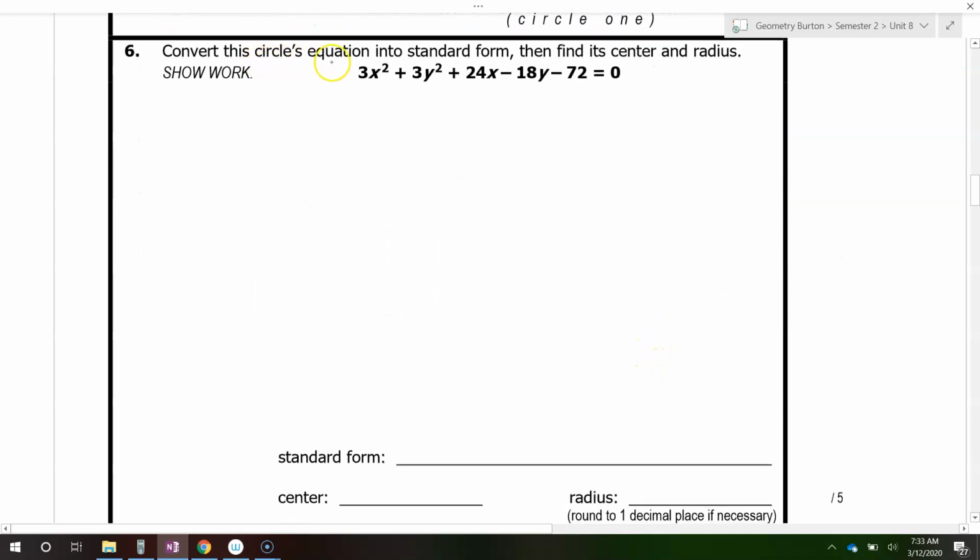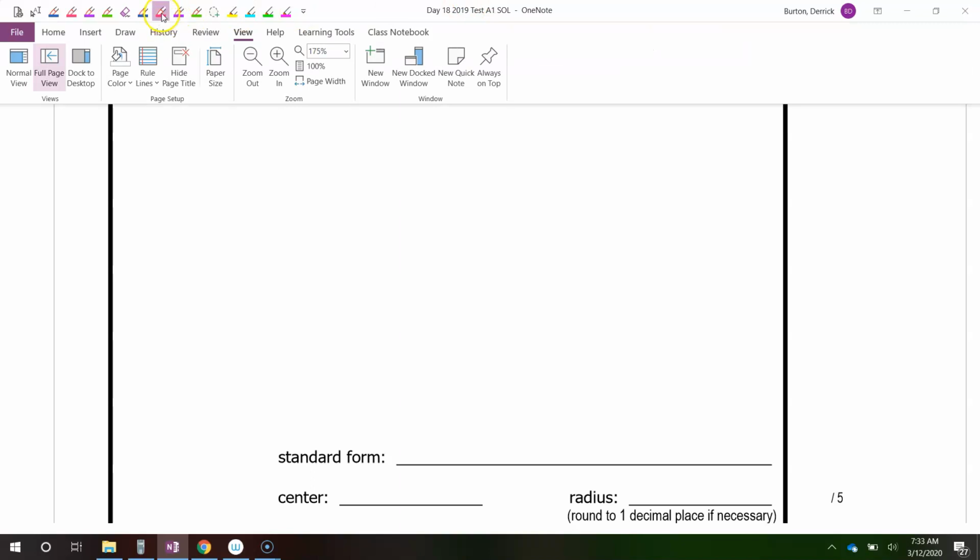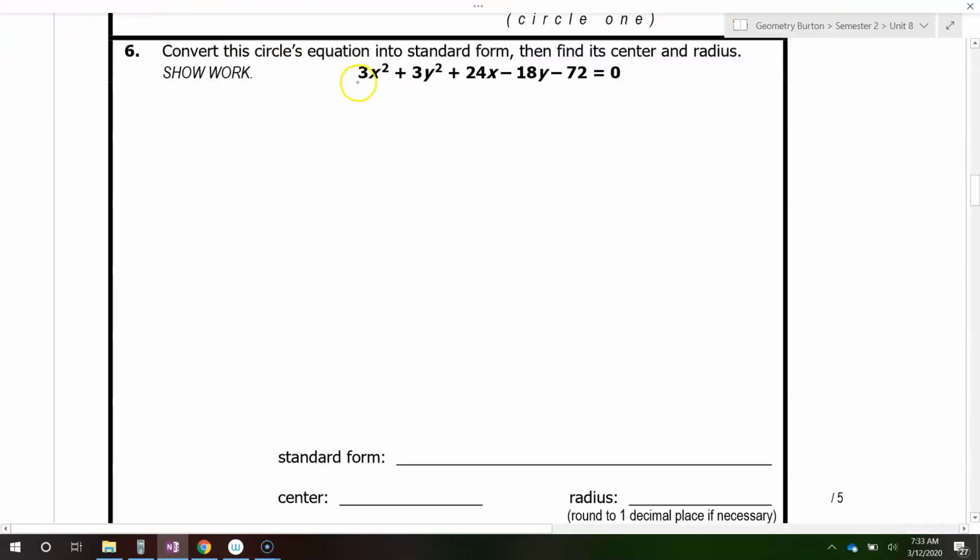All right, convert this circle equation into standard form and then find the center and the radius. The first thing we have to do is divide everything by 3.